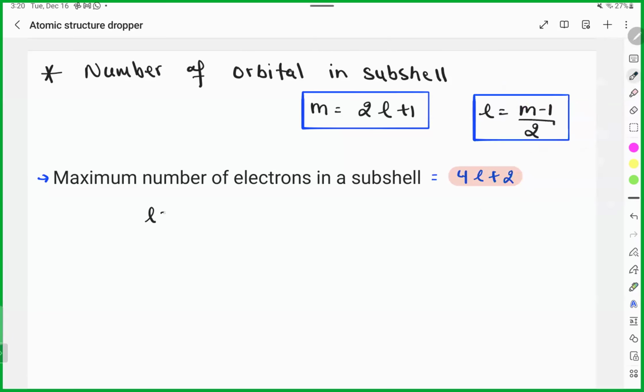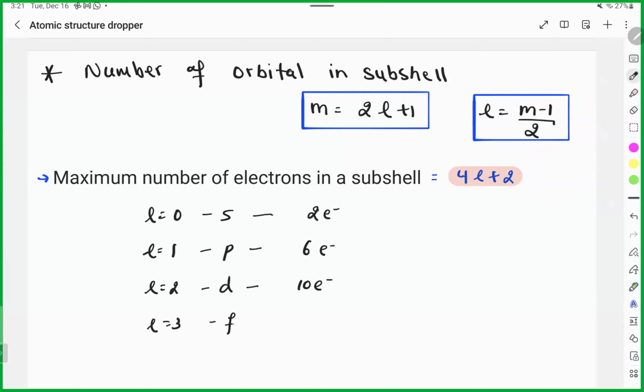I know if l value is 0, it is s, then there will be 2 electrons. If l value is 1, it is p, then 6 electrons. If l value is 2, it is d, 10 electrons. And if l value is 3, it is f, then 14 electrons. Correct?